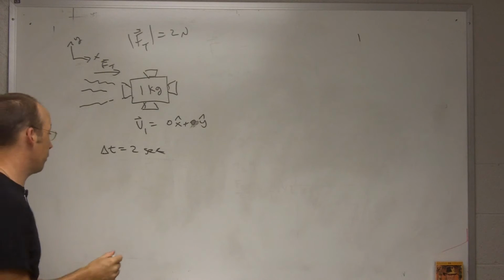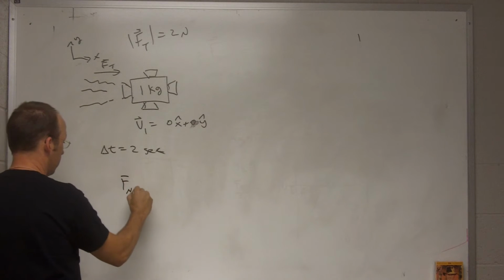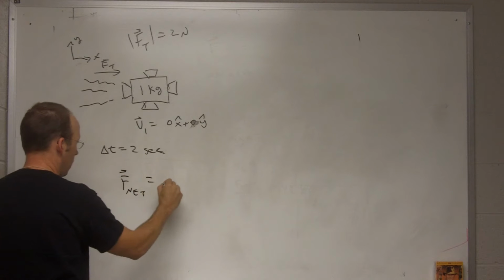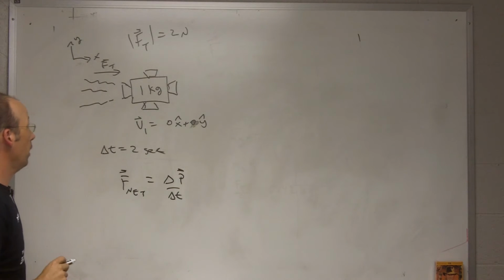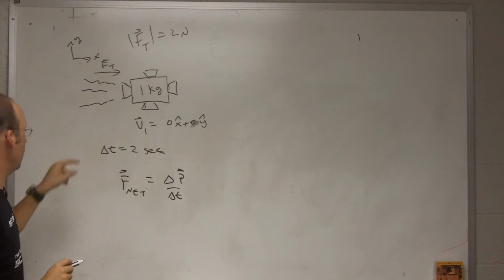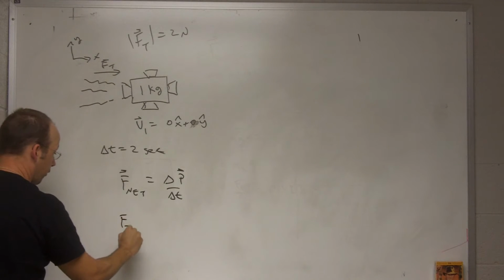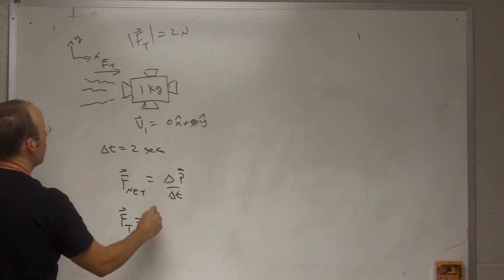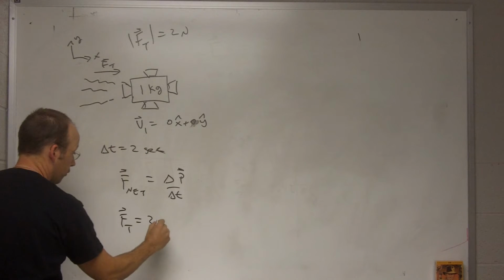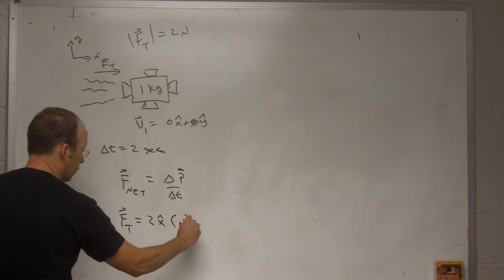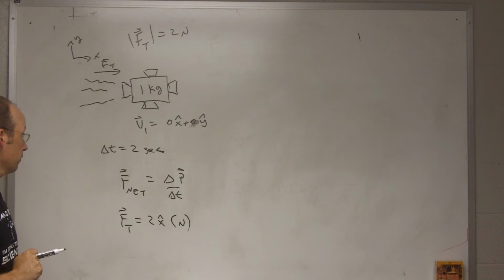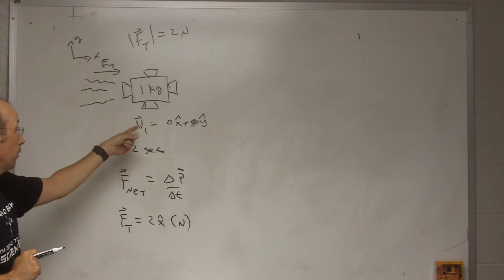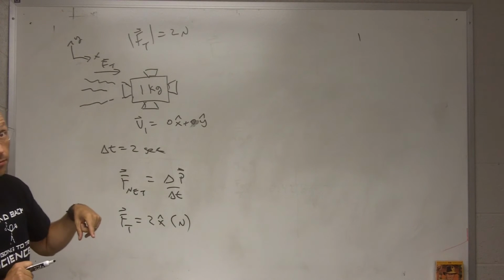So the momentum principle says this: F net is the change in momentum over the change in time. I know F net in this case is just the thrust, which is pushing that way, so 2 x hat newtons. You really need units. And for the change in momentum, I know the initial momentum and I want to find the final momentum.